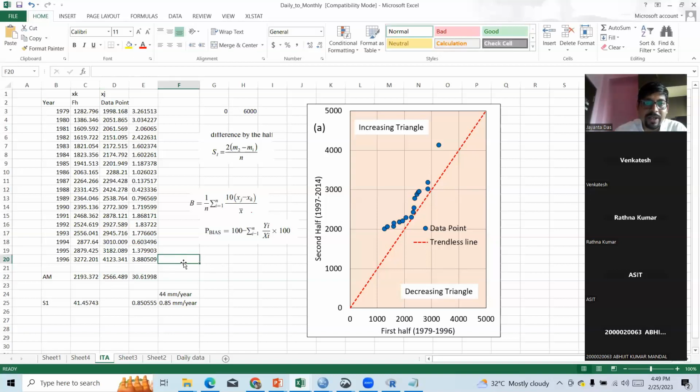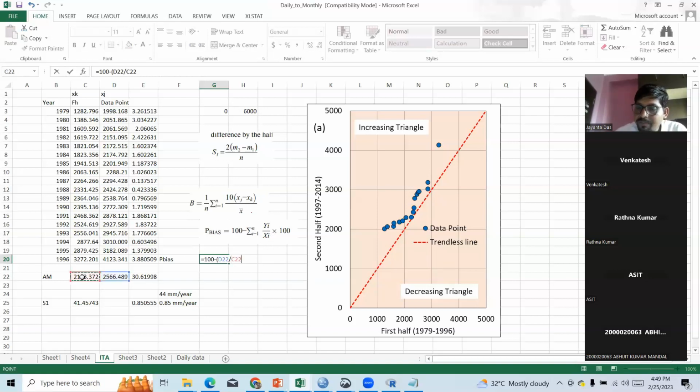So the formula is P bias equal to 100 minus the average of the second half divided by the average of the first half, multiplied by 100.